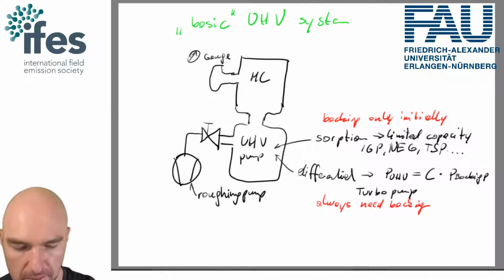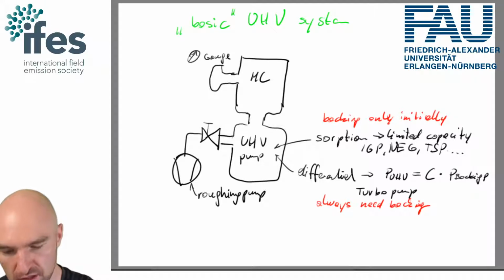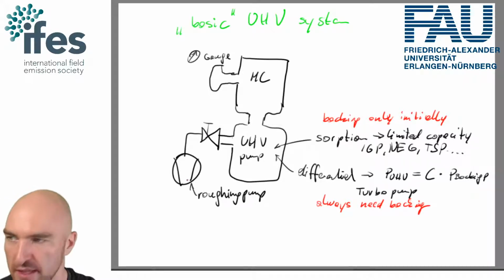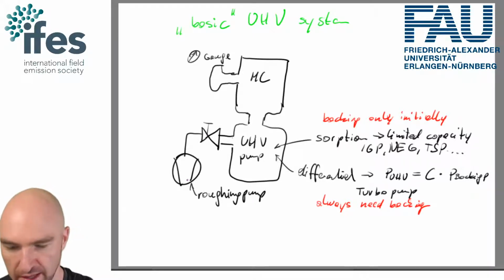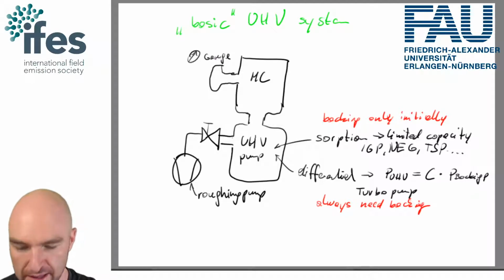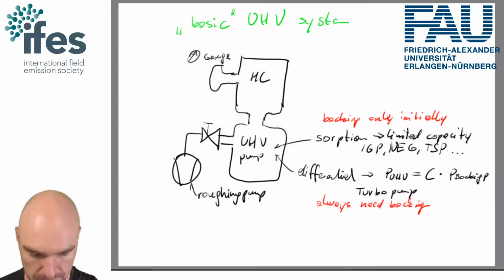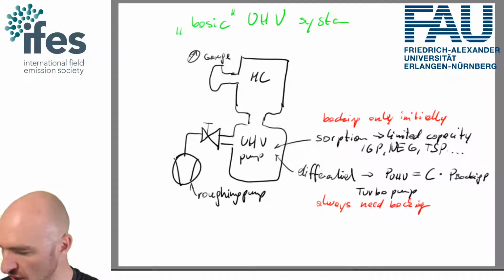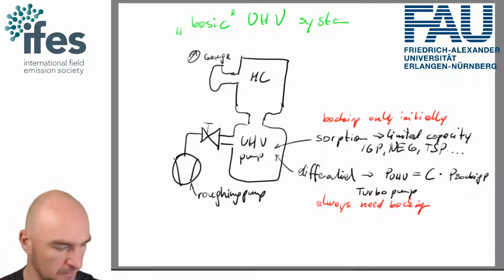We always need backing, because if we switch off the backing pump, we're essentially pumping against the atmosphere, and we will not get to a very good pressure. And so this is why here I've put a valve, because for a sorption pump, you initially rough everything out, and then you just leave everything as is. And then obviously we've got a gauge, but we'll get to the gauges in the next lecture. And so first we'll get to the roughing pumps, okay?